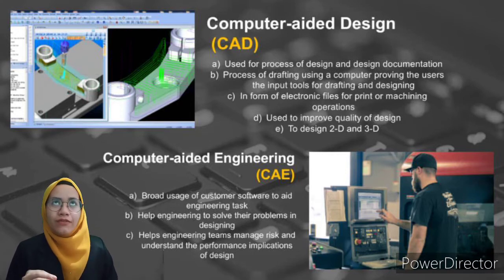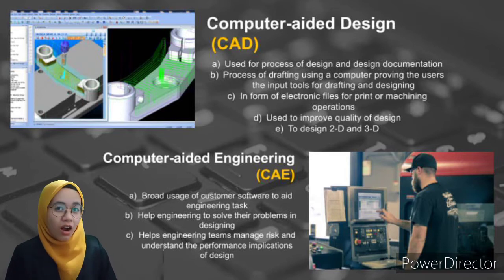It is in the form of electronic files for print or machining operation, and it is used to improve the quality of the product. Basically, CAD will design a 2D or 3D model of the product that we want to make. For example, if we want to produce a car, we will use CAD to design the body of the car, the engine, and so on.